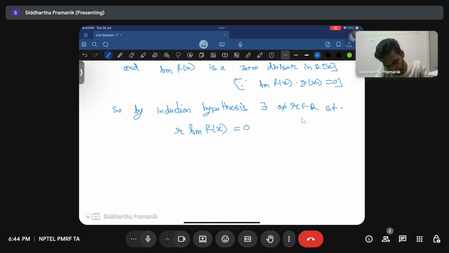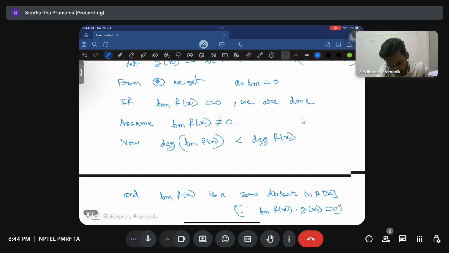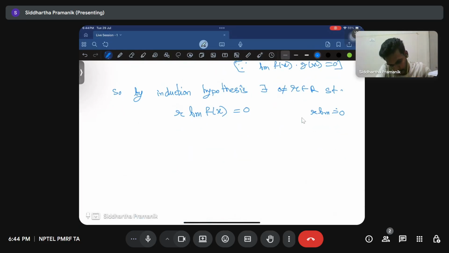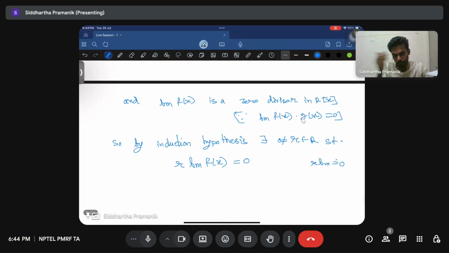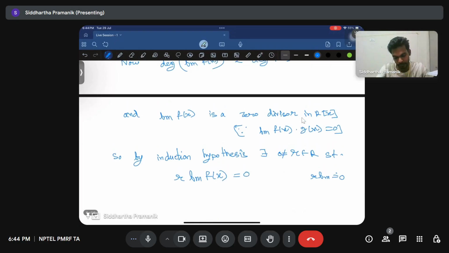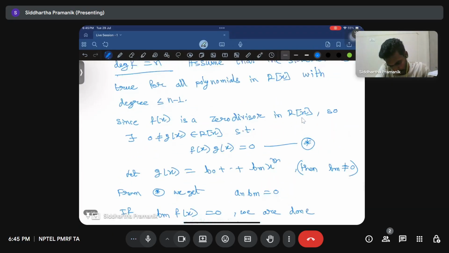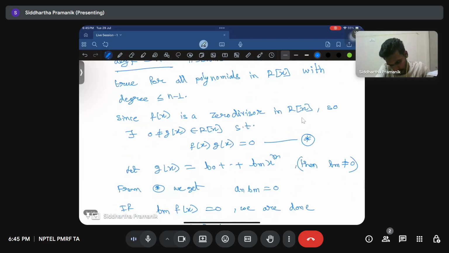Okay, but how to prove that r times bm is non-zero? It is not clear, right? So we are inducting on the degree.